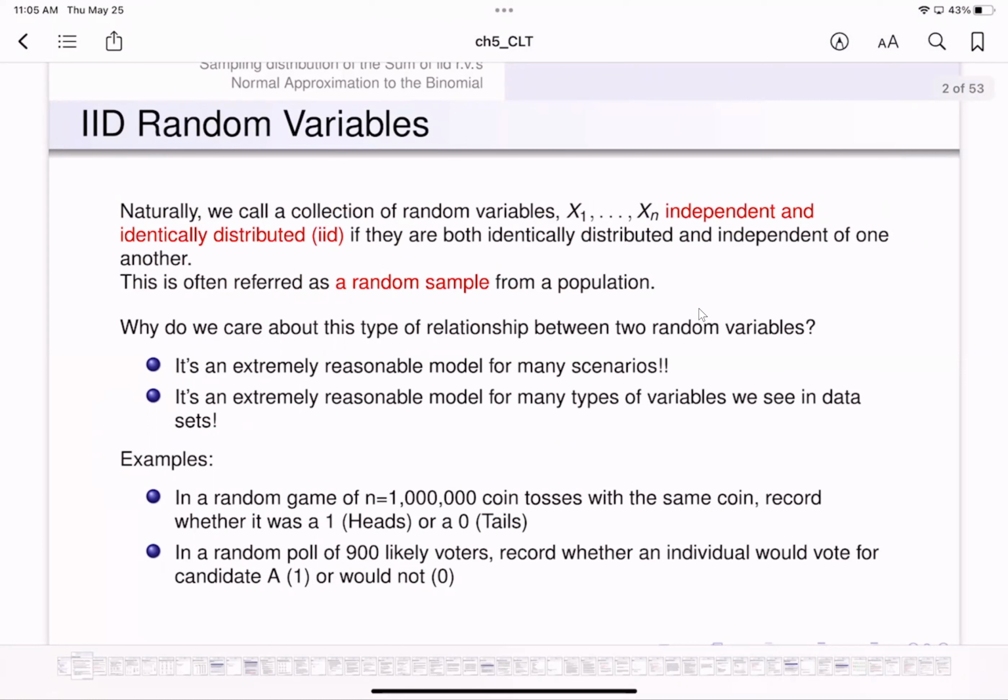These multiple samples need to be identically distributed from the same distribution, and they need to be independent. So if we have x1 through xn, denoting the data from the experiment, and these are independent, identically sampled from the same distribution, then we say this is a random sample from that population.